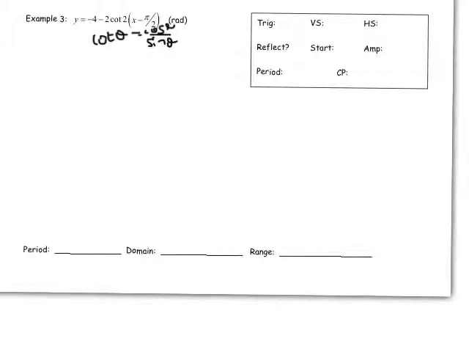So if I graph sine here, then my vertical shift is down 4. My horizontal shift would be right, pi over 2. I will reflect, so sine will start middle, go with that s, and have an amplitude of 2. I'm going to take my period of 2 pi and divide it by 2 to get pi, and my critical points I'll divide by 4. So pi over 4, which doesn't reduce.